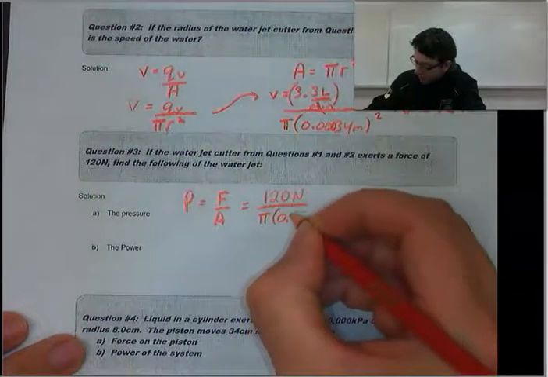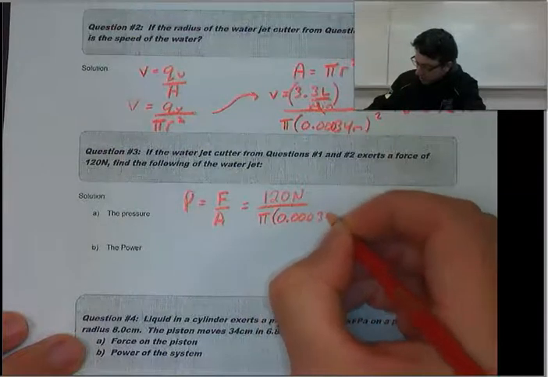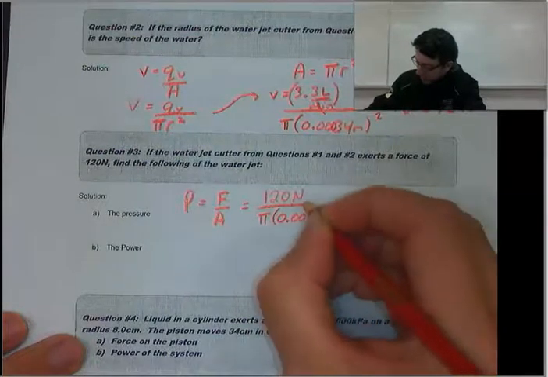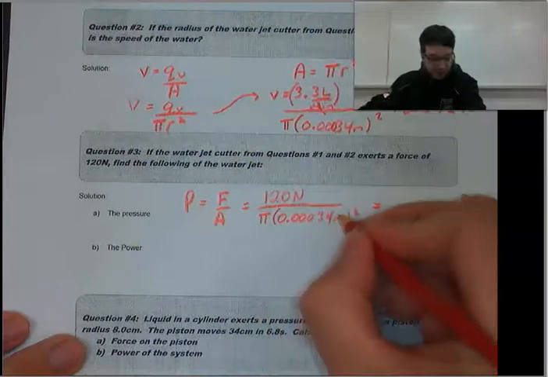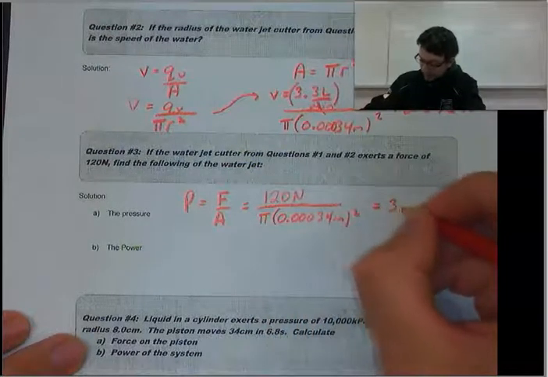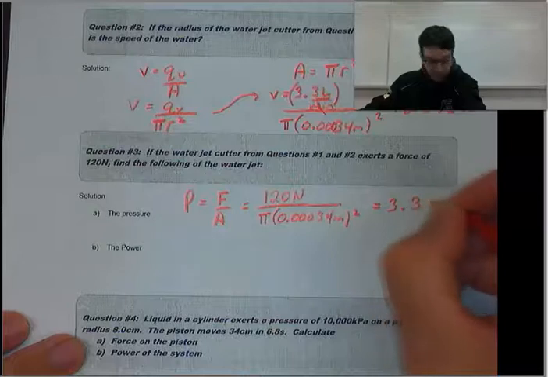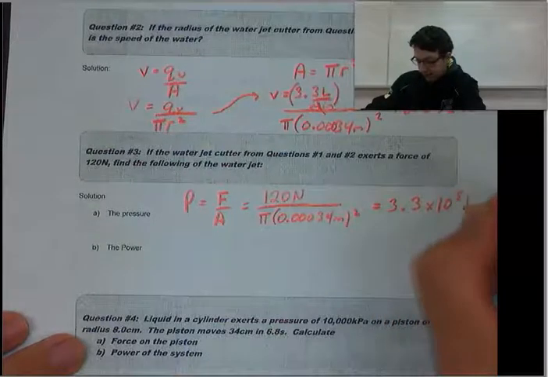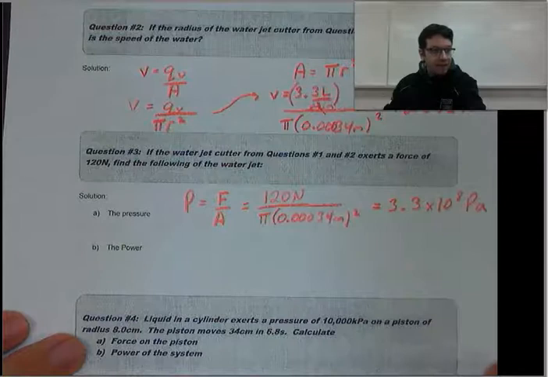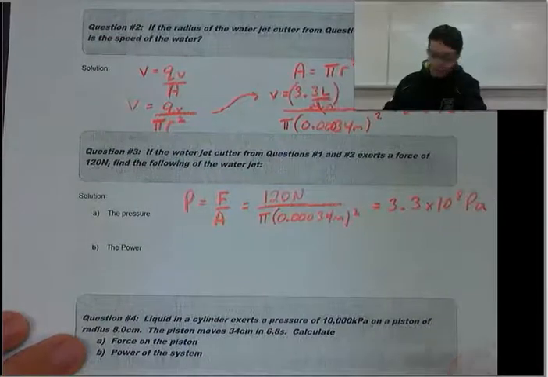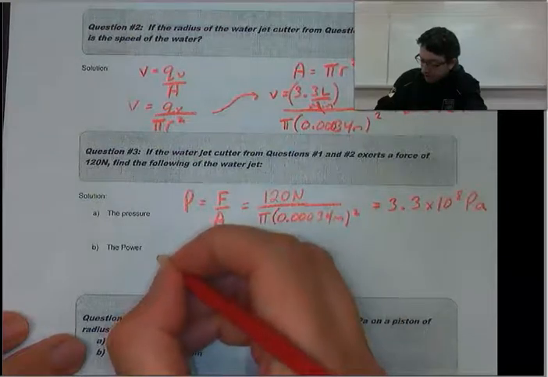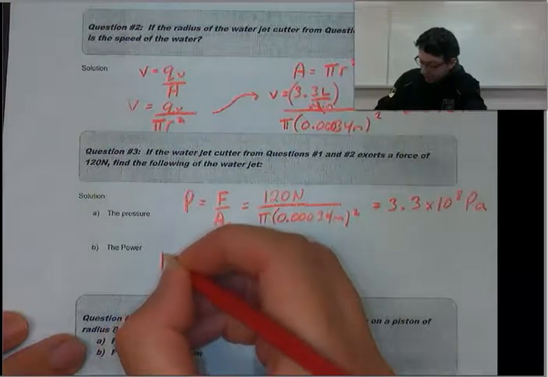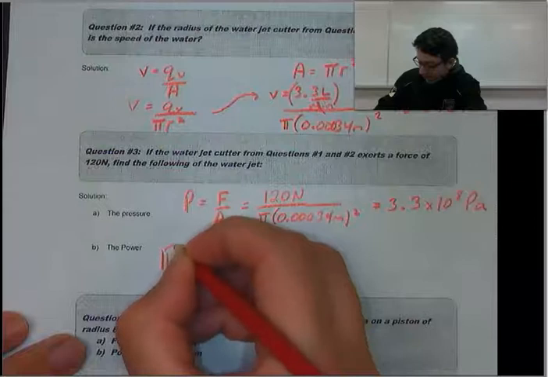Times 0.00034 meters squared. Okay. Since everything is in our base units, we will get an answer in pascals, which is 3.3 times 10 to the 8 pascals. Now the power, I'm just going to write as a large P here.